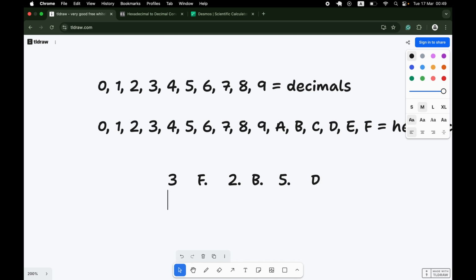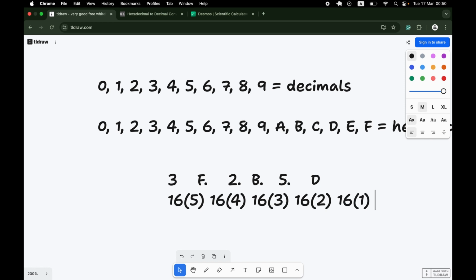For hexadecimal to decimal, we work in base 16. We start from the rightmost digit, D, with 16 power 0, then 16 power 1, 16 power 2, 16 power 3, 16 power 4, and 16 power 5 for the leftmost digit.